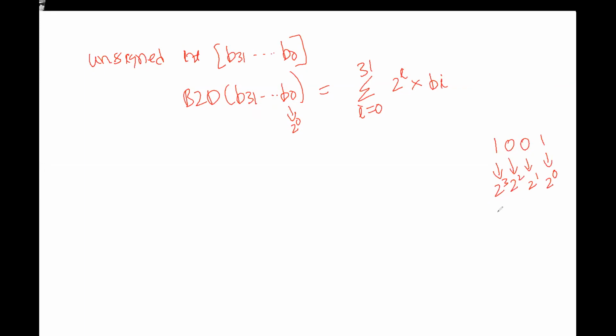So the total value of this will be 2 cube plus 0 plus 0 plus 1, which is equal to 9. So this is translation from binary to decimal. But how do you translate something from decimal to binary? That is also something we will see in today's lecture.